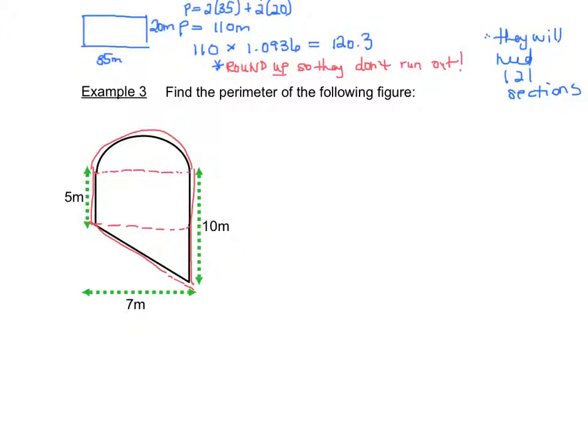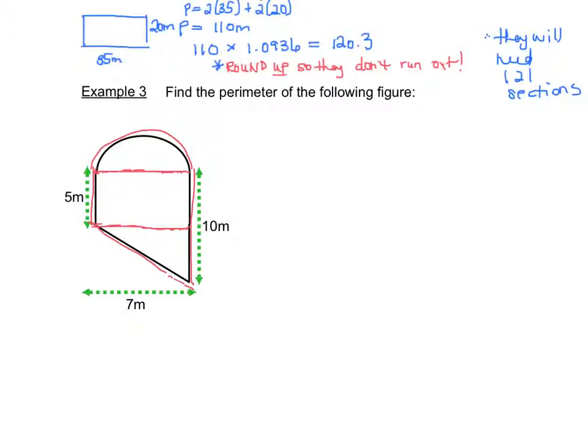We're finding the perimeter. Some would say we find the perimeter of those three figures and add them together. But that's not going to work, because these edges in the middle are not part of the perimeter. All we need to do is find the lengths of the outer edges that are missing.